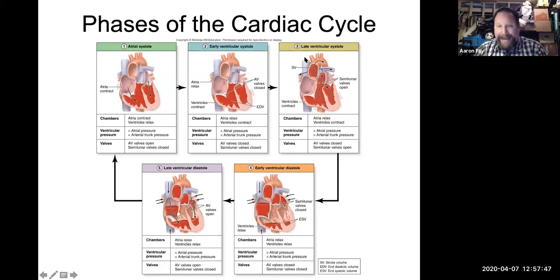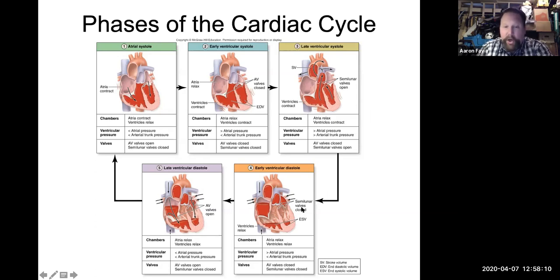Then in late ventricular systole, we have full compression of the heart wall. We generate maximum pressure, AV valves stay closed, but now the pressure inside the ventricle exceeds the pressure in the arteries. Semilunar valves open and blood is ejected from the heart.